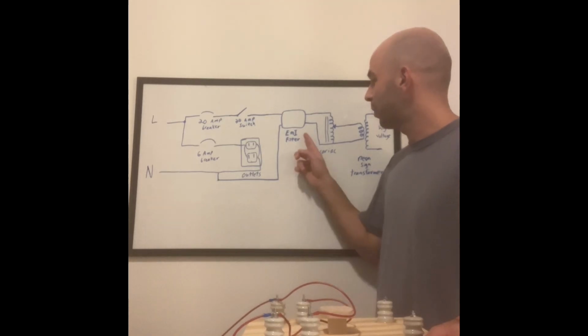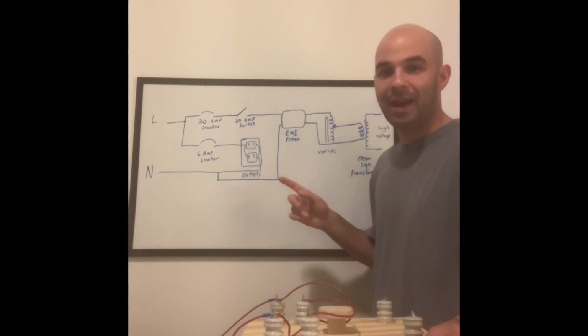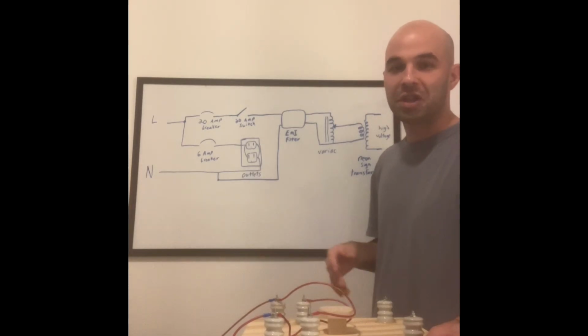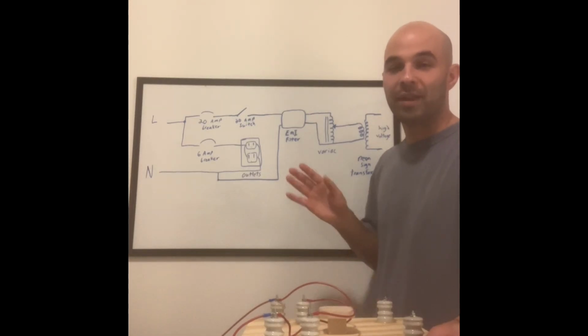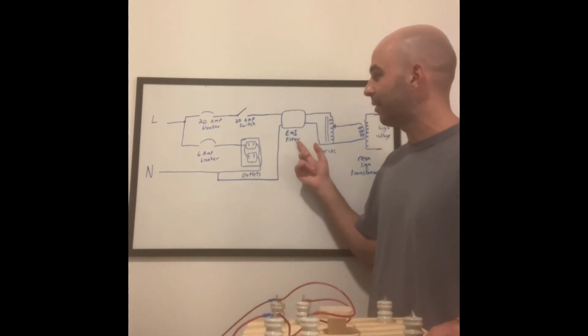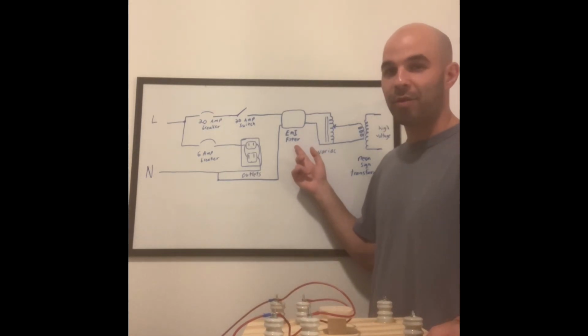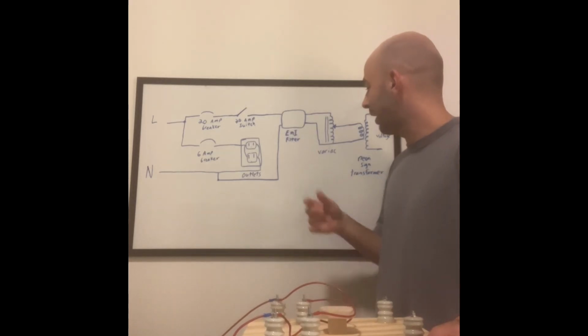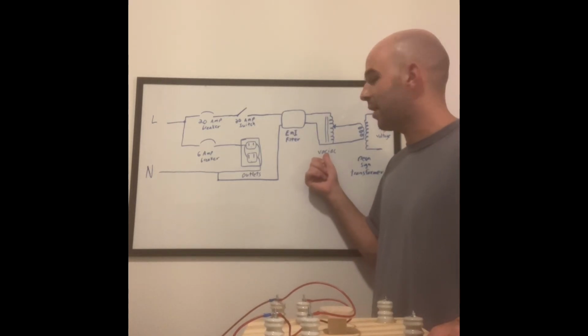So we just put this on here to try to dampen out any sort of current injections or oscillations that'll make their way back into your house supply. It's not a necessary thing for the circuit to operate, but it's a safety thing that's just good to have there. And from there we go into this variac.